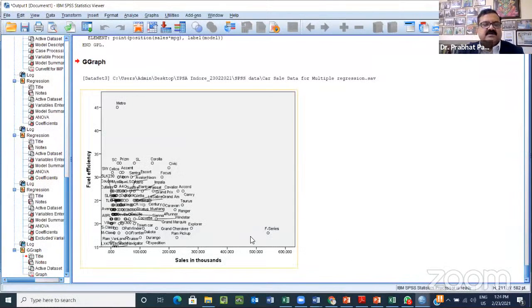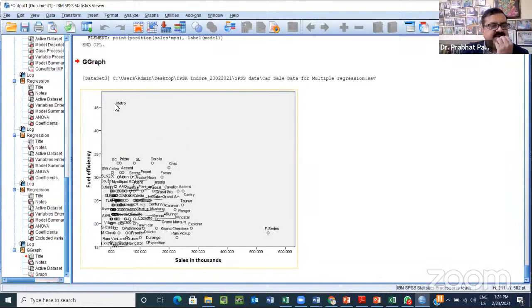You can see there are two cars that have been singled out from this whole data. The rest of the cars form a cluster over here. One car is called the F series, and another is called the Metro.